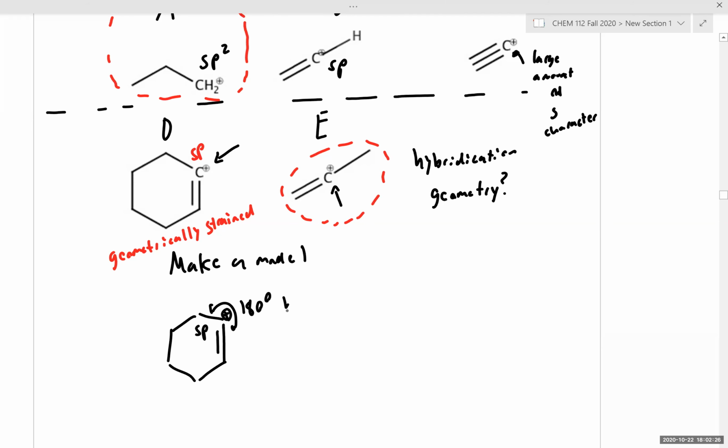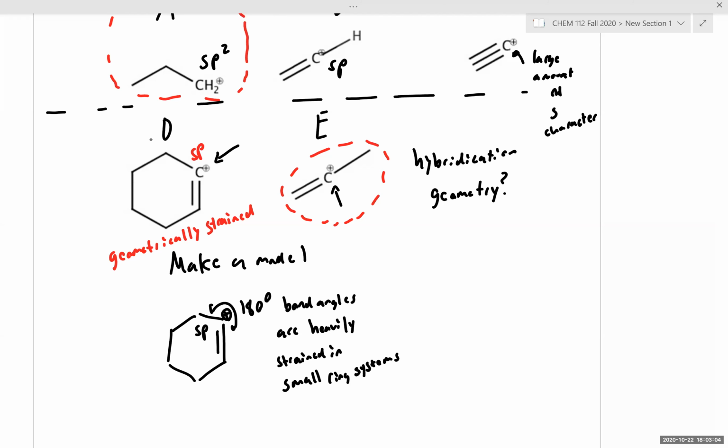But 180-degree bond angles are not permitted, or more correctly, are heavily strained in small ring systems. So due to this substantial amount of geometric strain, carbocation D is less stable. Does this example make sense?